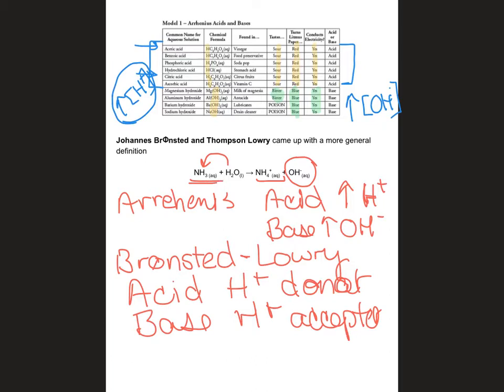Notice that this guy here, he's a base. And why is he a base? Because he accepted a proton from water. Okay, so you can recognize a base because maybe it, like NaOH, donates an OH minus, or it can be a base if it accepts a proton.